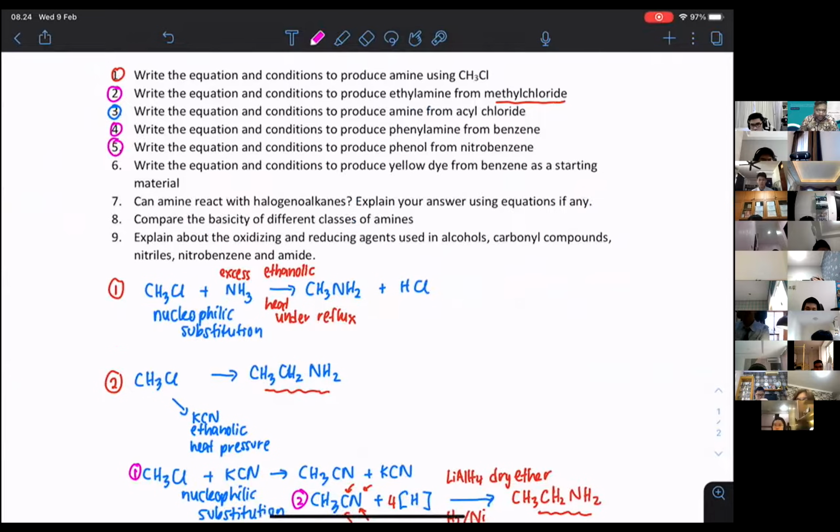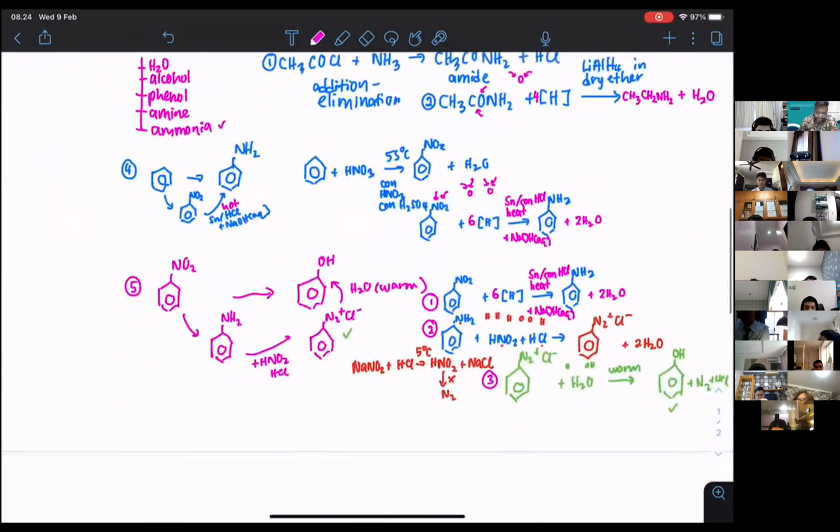Question number 6, write the equation and condition to produce yellow dye from benzene as a starting material. I'll go very fast for this.